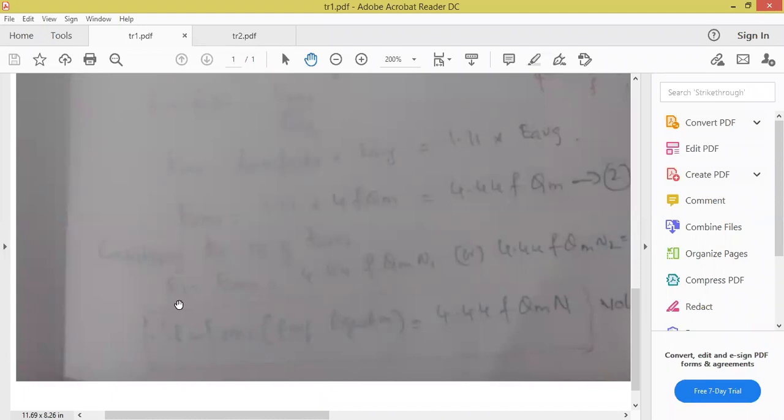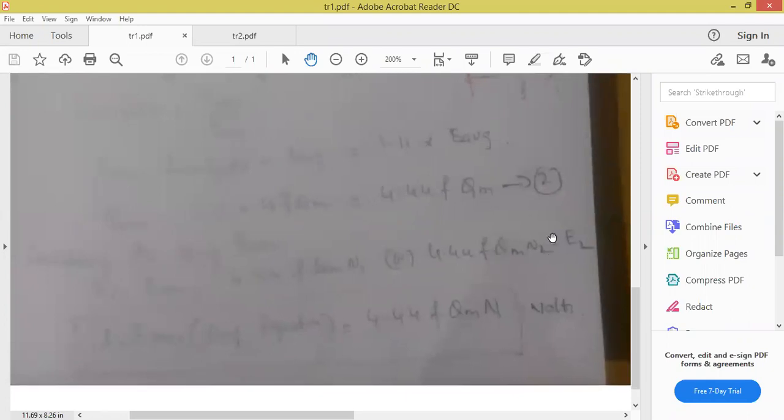E1 is equal to 4.44 into f into phi m into N1. What is N1? Number of turns in the primary. Similarly, I can write the same expression for the secondary winding. Anyone tell me the expression for the secondary winding? E2 is equal to 4.44 f into phi m into N2.